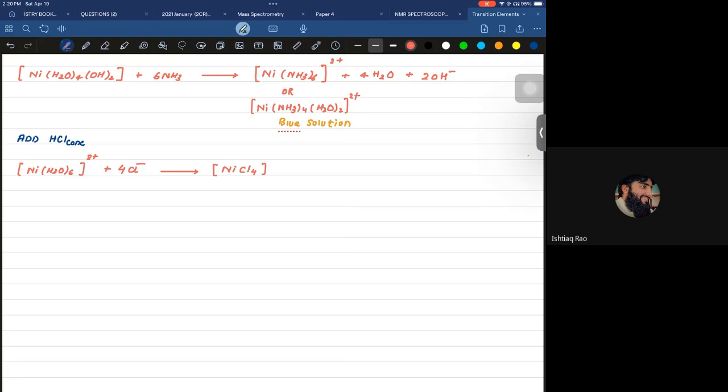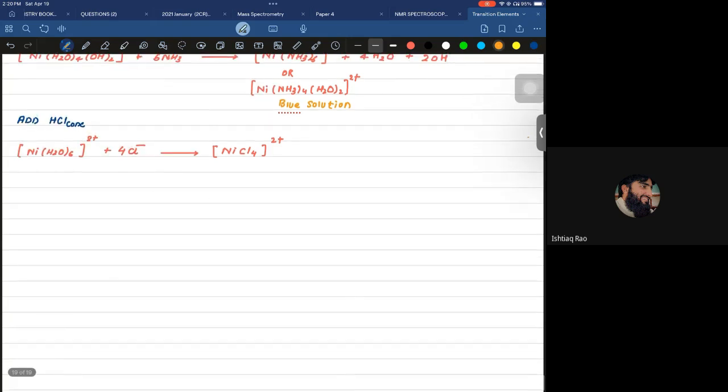There is a charge that is +2. So you know what's the color? Yellow solution is observed. Then we have the chemistry of cobalt, that is Co 2+.